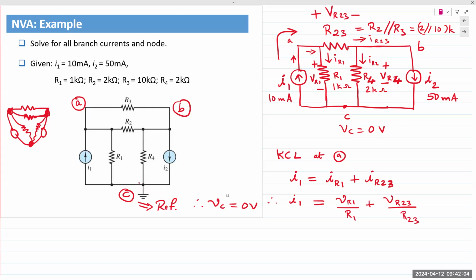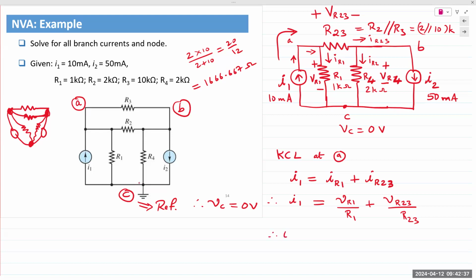R23 should be equal to 2000 times 10,000, so 2 times 10 divided by 2 plus 10 gives me 20 divided by 12, which is 1666.667 ohms. I think that's correct. Calculator's out. Let me know if I make an error anywhere.